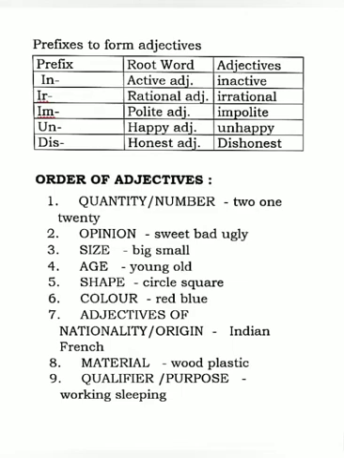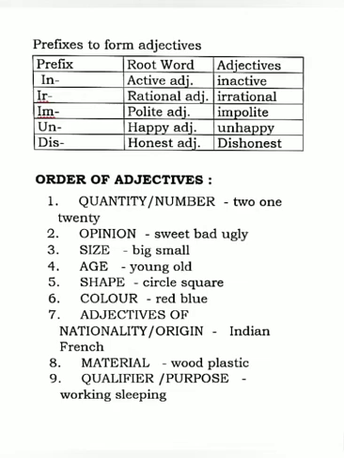Alright, now come to the order of adjectives. What does this mean? Suppose in a sentence there is more than one adjective. Then we need to follow a particular order. First we start with quantity or number, like 2 or 1 or 20.